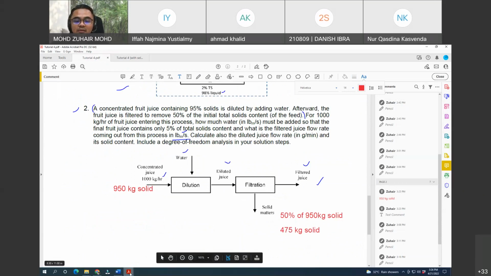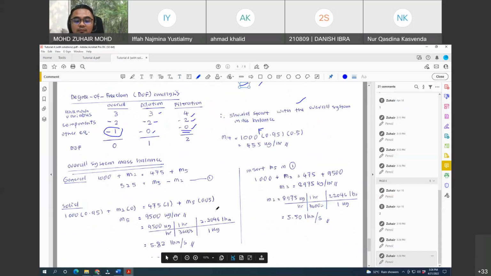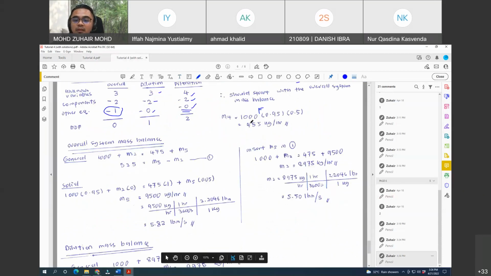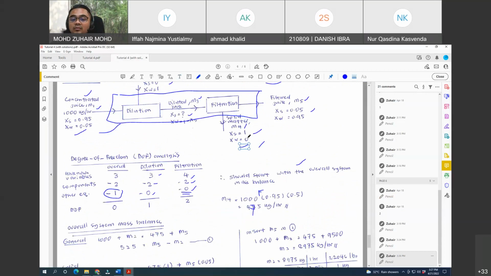So there's a mistake with the calculation here. So we know now that M4 is 475 kg per hour, because it's consistent.